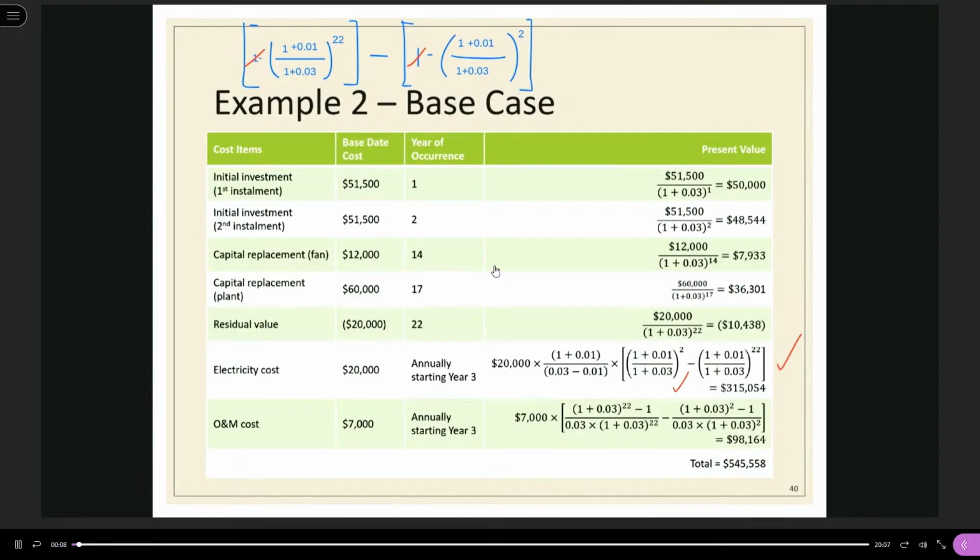Okay, so during the break, your classmate reminded me that actually this equation is right. If you refer to the equations for calculating the recurring costs with the discount rate and also the escalation rate, then the component should include 1 minus this ratio to the power t, the number of years.